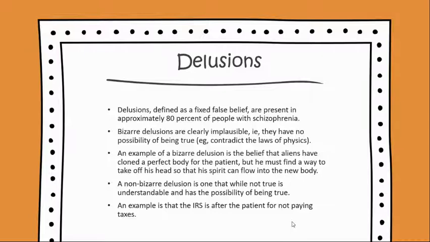An example of a bizarre delusion is the belief that aliens have cloned a perfect body for the patient, but he must find a way to take off his head so that his spirit can flow into the new body. A non bizarre delusion is one that, while not true, is understandable and has the possibility of being true. An example is that the IRS is after the patient for not paying taxes.